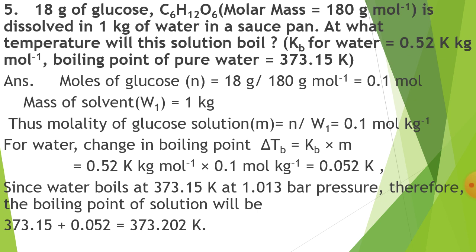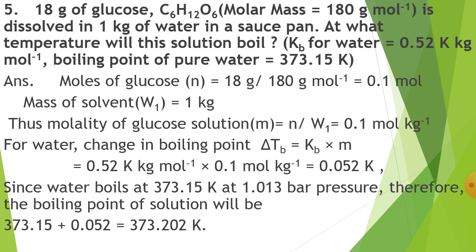Thus molality of glucose solution equals number of moles divided by weight of solvent. Here number of moles is 0.1 mole and weight of solvent is 1 kg. That's why the molality equals 0.1 mole per kg. Now for water, change in boiling point, delta Tb equal to Kb into molality. Here we can find the molality, that's why we put this formula.